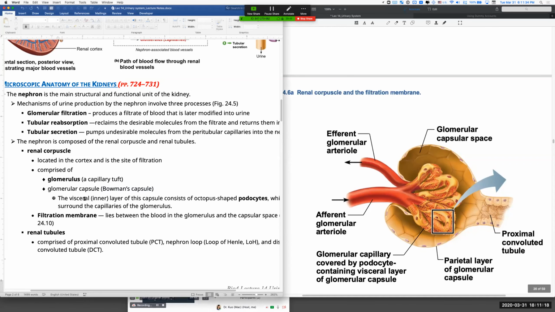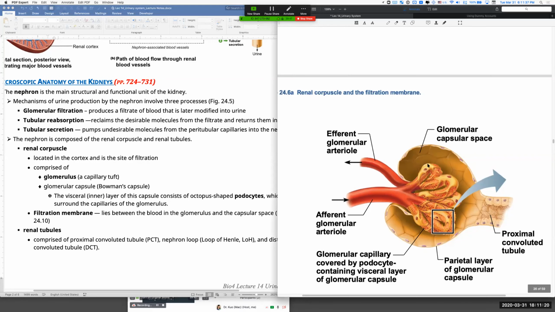There are two layers to this Bowman's capsule. This is the parietal layer, which is made up of simple squamous epithelium. And then the visceral layer is just the podocytes. So the podocytes are associated intimately with the fenestrated capillary of the glomerulus.